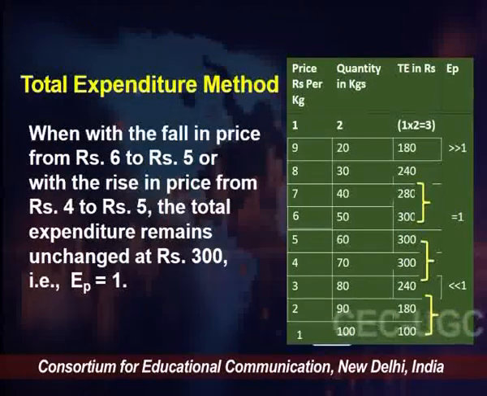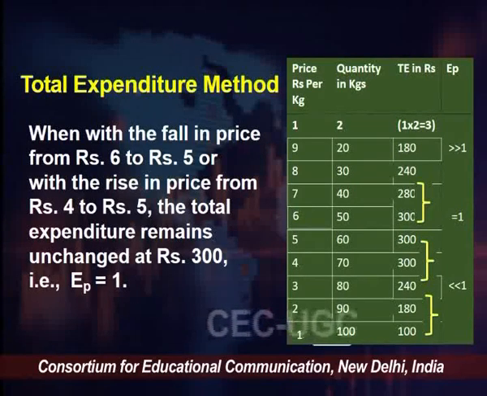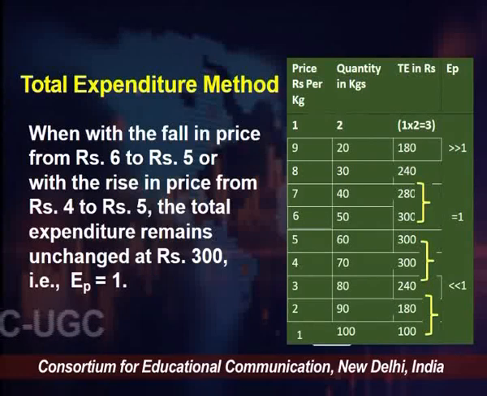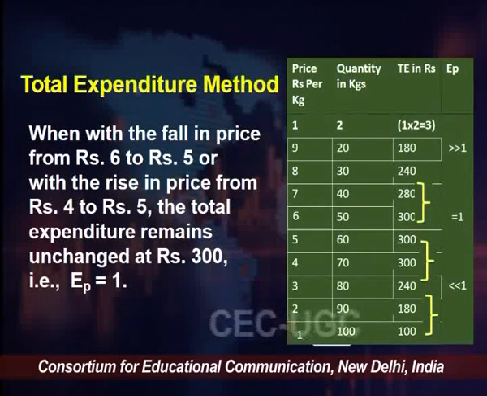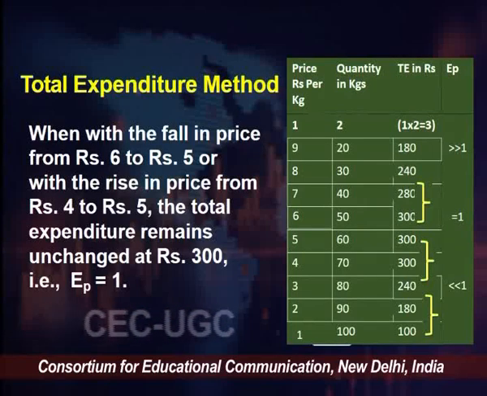Now, another example. With the fall in the price from rupees 6 to 5, and with the rise in the price from rupees 4 to 5, the total expenditure remains unchanged, that is 300. So, when price is going down from rupees 6 to 5, you are adjusting your demand in such a way that your total expenditure remains the same, 300.